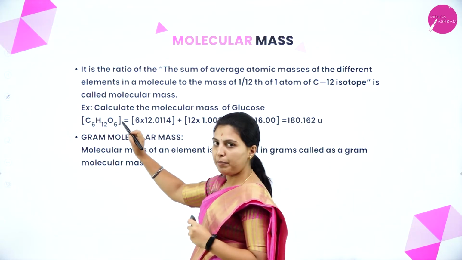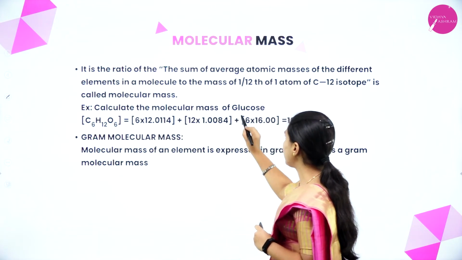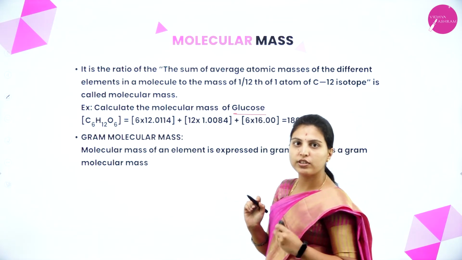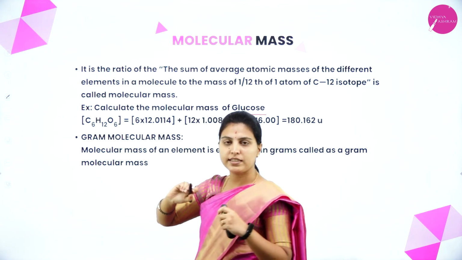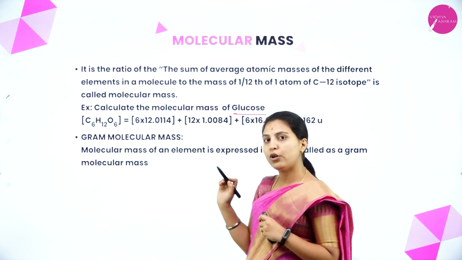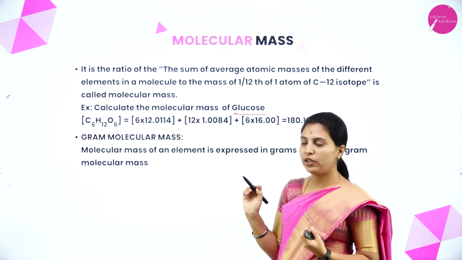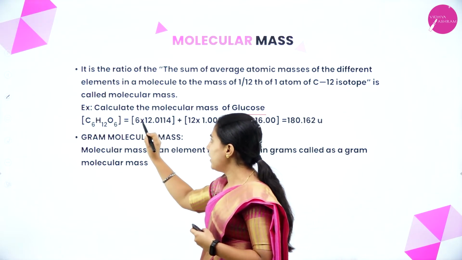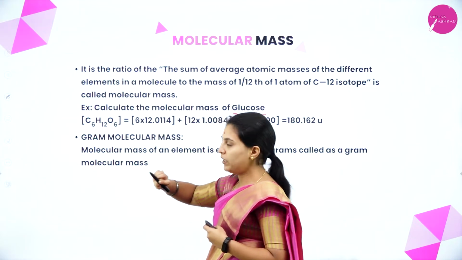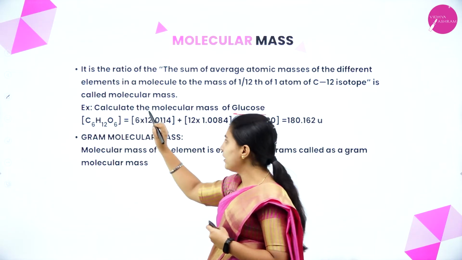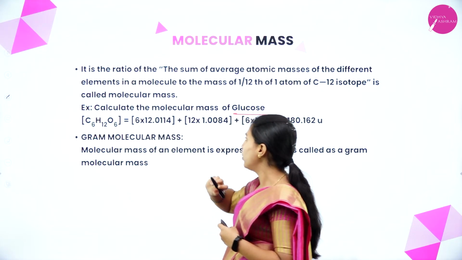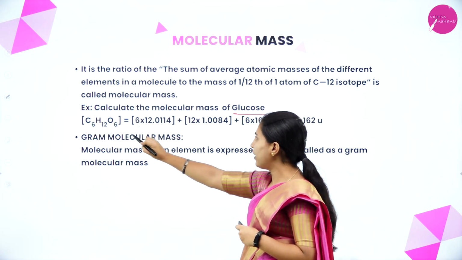First, see the example here. Calculate the molecular mass of glucose. How do you write glucose in molecular formula? That is C6H12O6. But now, how do you calculate the molecular mass? Here, 6 carbon atoms are present, so you write 6. What is the atomic mass of carbon? That is 12, so 6 into 12. Again, 12 atoms of hydrogen.